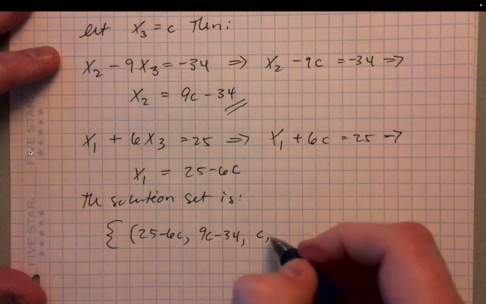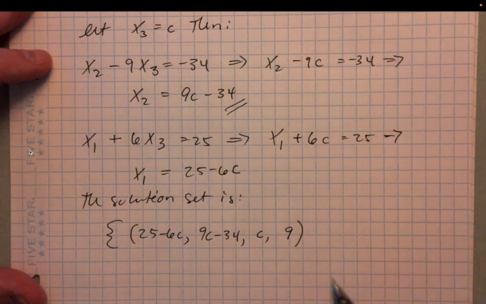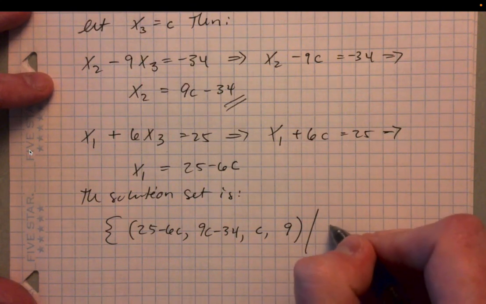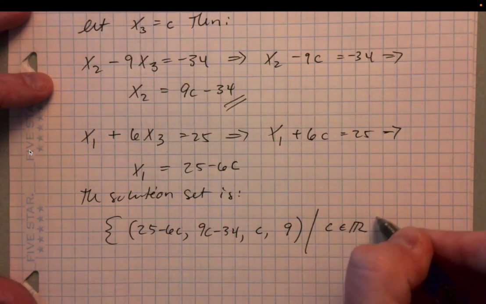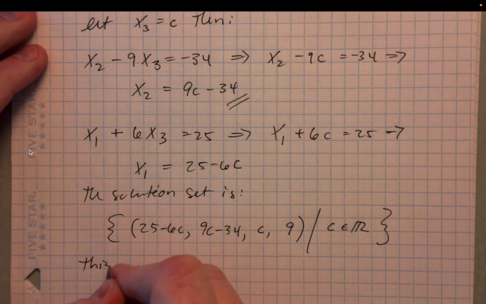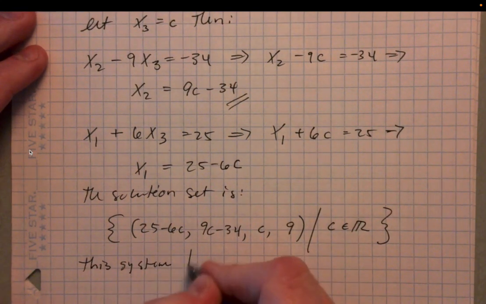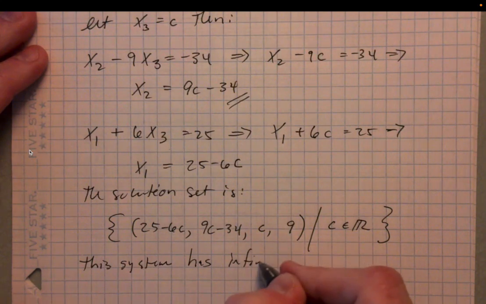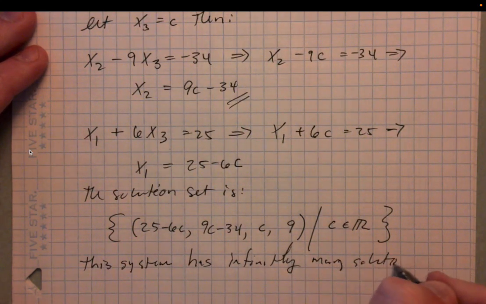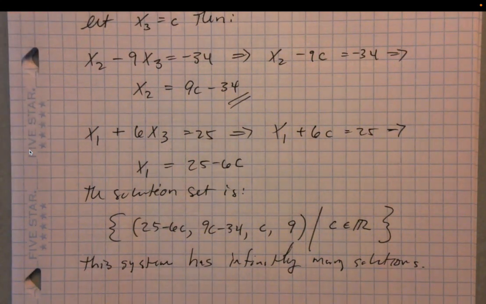And x4 is constant at 9. That was kind of the output of the system. And this is all such that c is a real number. So this is an example of a system that has infinitely many solutions.